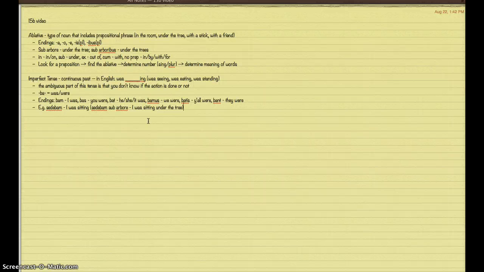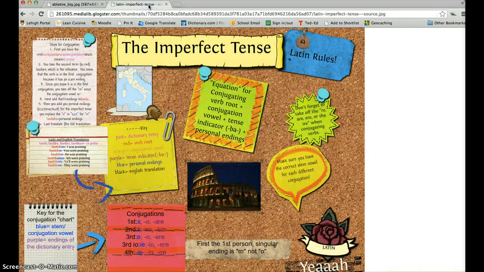I have a lovely little image. I'm not going to spend too much time on it. I'm going to let you sort of explore it. It is on Moodle. But Glogster is a very fun thing, but I don't want to have to grade them, so that's why you don't do them for me. But this is a lovely imperfect tense in Latin Glogster. It's like a digital poster.